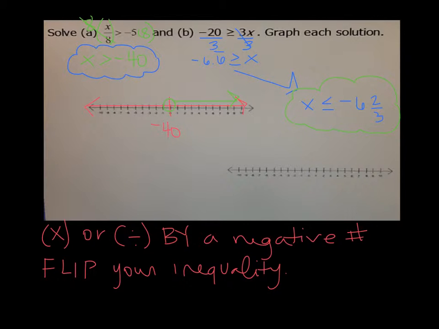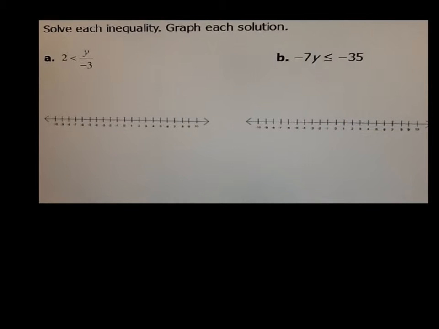So negative 6 2/3 would be a little more than half. So I'm going to put my closed circle, remember it's closed, and then it is less than or equal to, so those would be the values to the left of that. Okay?